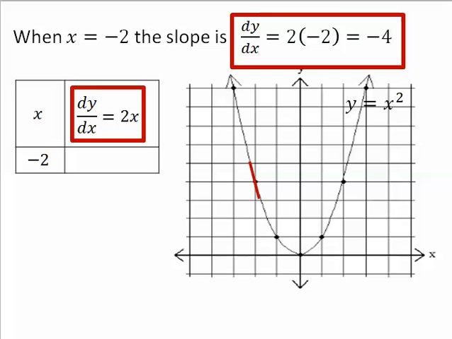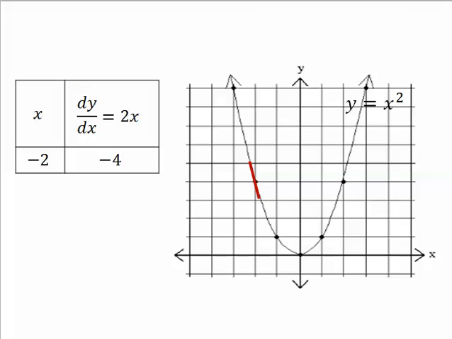The slope is the derivative evaluated at negative 2, and we get negative 4. So the slope of the tangent line at x equals negative 2 will be negative 4. When x equals negative 1, the slope is negative 2, still going down but a little bit flatter.